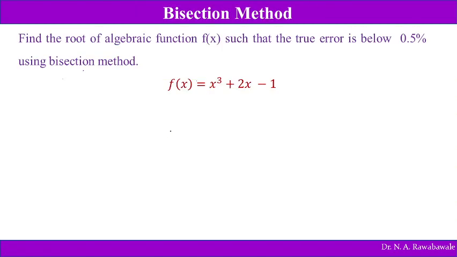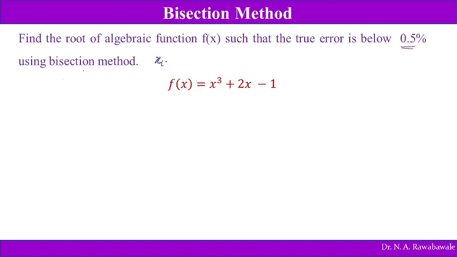This is a numerical where an algebraic equation is given. Find the root of the algebraic function f of x such that the true error is below 0.5% using the bisection method. So here the true error has to fall below 0.5%, and the true value is also given.